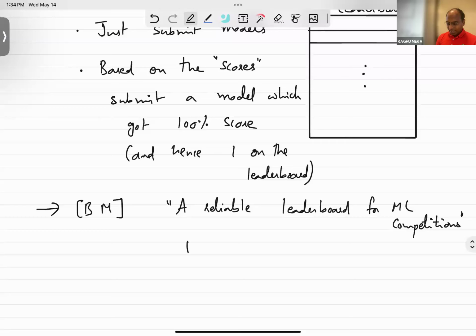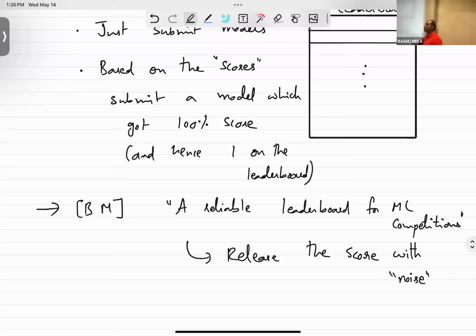Okay. And the idea there was: release the score with noise. How you add the noise and so on is motivated by differential privacy, the models that are studied in differential privacy.